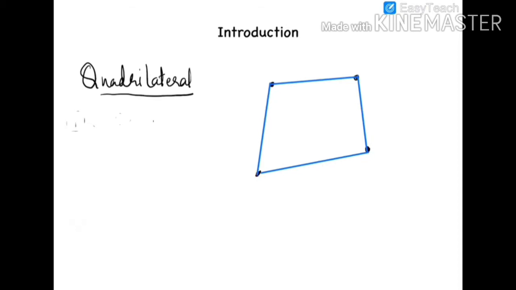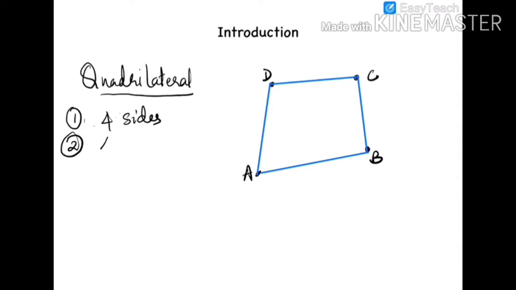These lines that enclose this two-dimensional figure are called as sides. So a quadrilateral has 4 sides. Any two adjacent sides of the quadrilateral meet at a point. Let's label these points as A, B, C, D. These points are called as vertices.